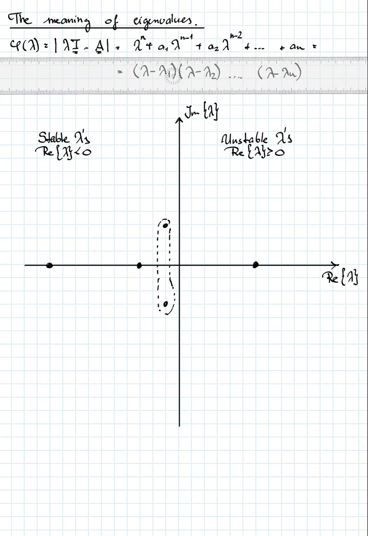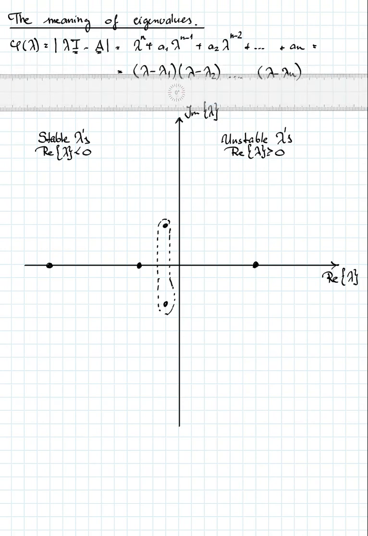So these are the eigenvalues, because we have got a characteristic polynomial phi of lambda. It is lambda multiplied by the identity matrix minus the A matrix and the determinant of it. It's an n-order polynomial.